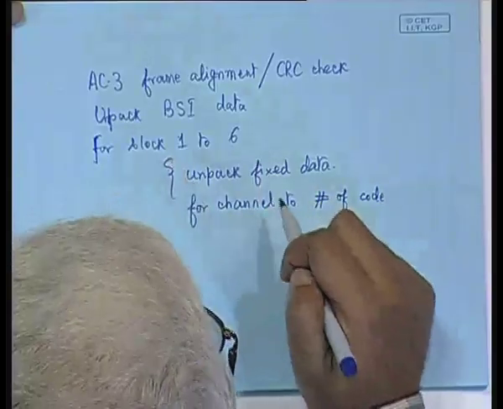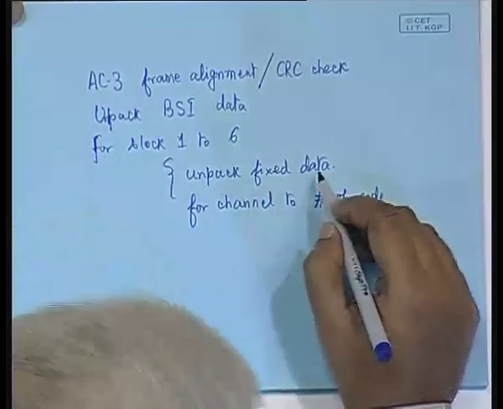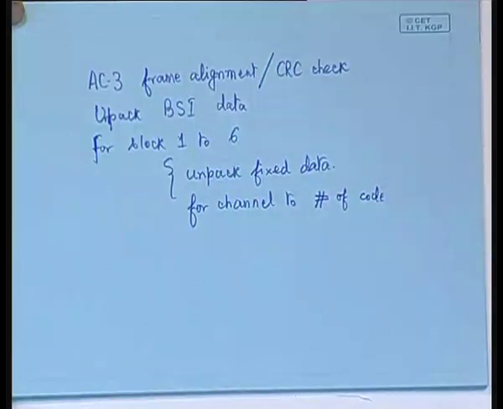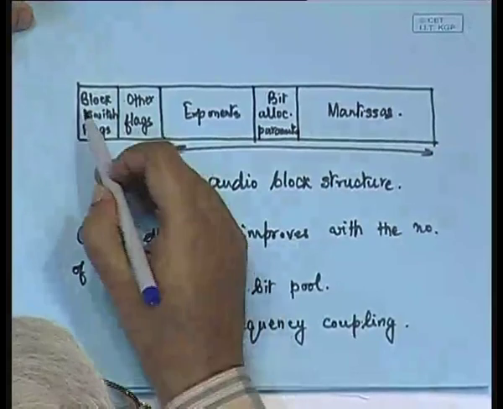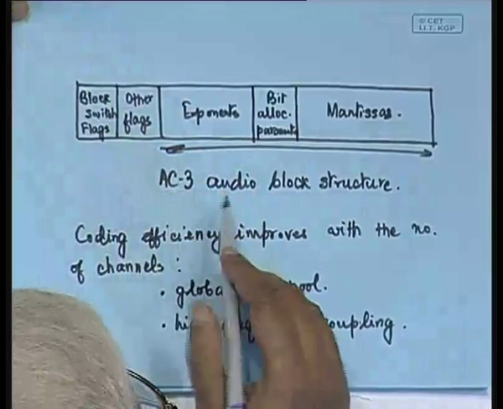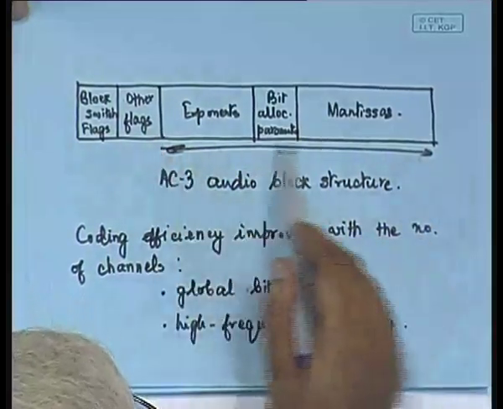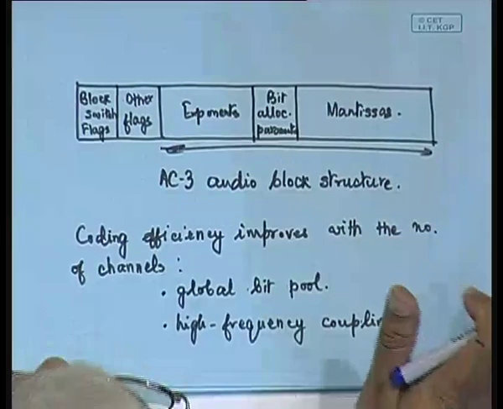Mind you, this is very important, in each block we could be accommodating more than one channel. So, after unpacking the fixed data, which is actually given in the block structure, the fixed data will be given by this flag information, block switch flag, other flags, etc. And this information, exponent, mantissa, will be there for more than one channel in fact.